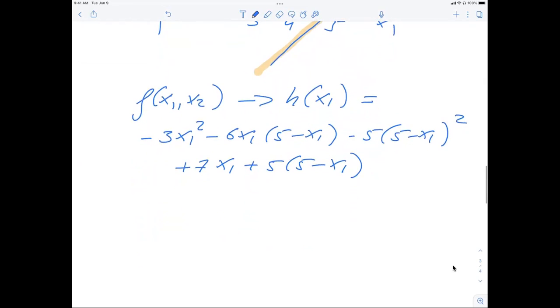Bringing all these expressions together, I should get 2 x1 squared plus 22 x1 minus 100.